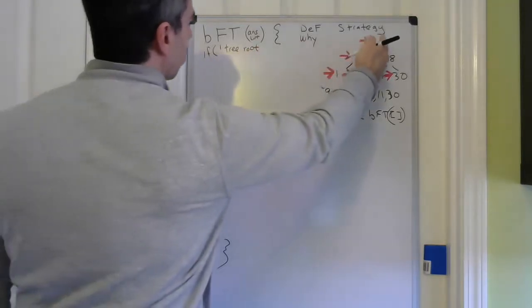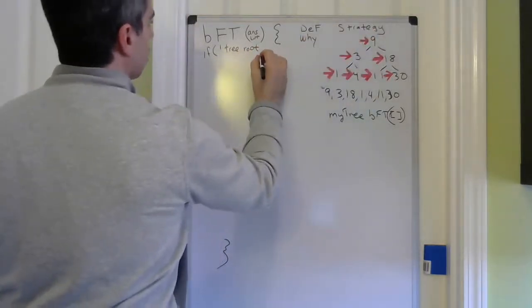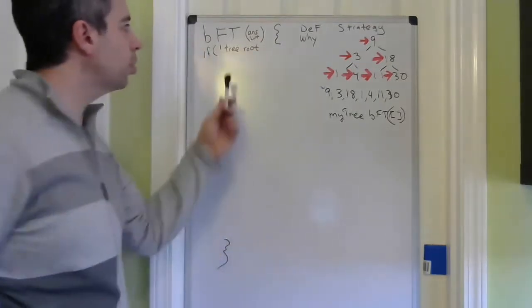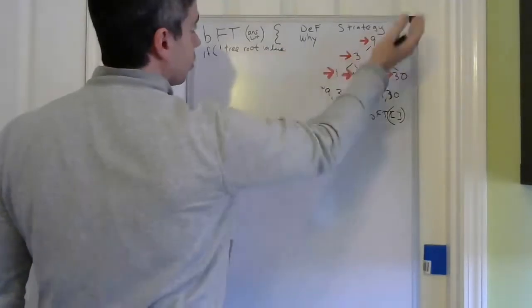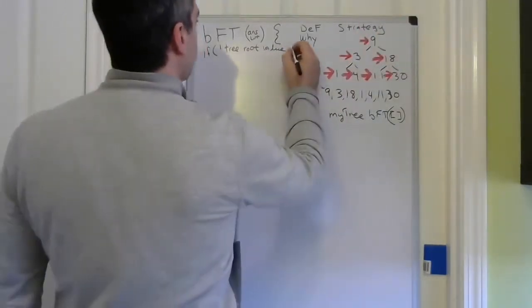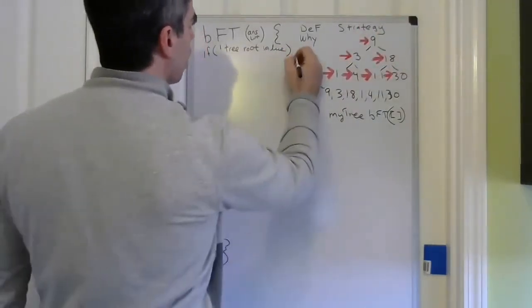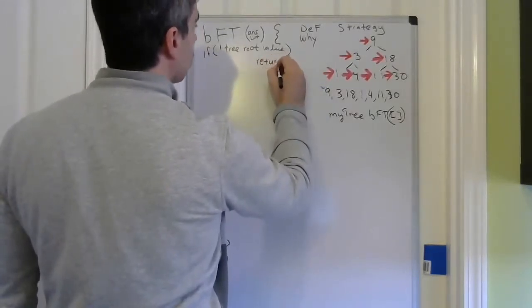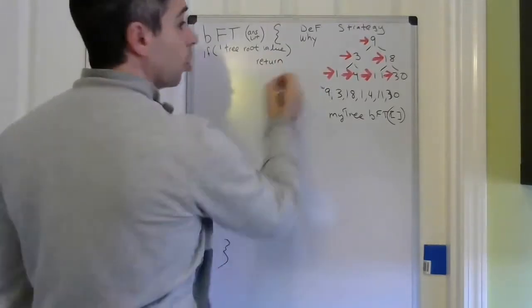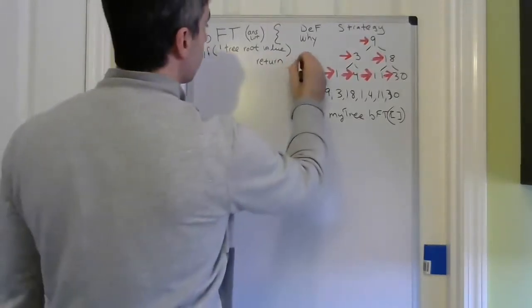There's nothing, there's no value here. Something like that. You see no tree.root or no tree.root dot, for example, value. Like there's nothing there. We could just return false, or whatever you want to do. I'm just going to say return false.